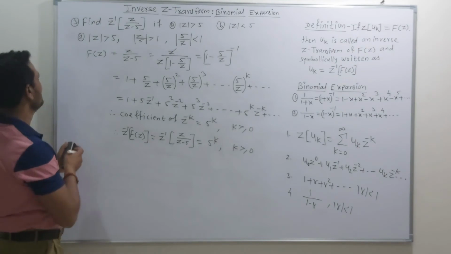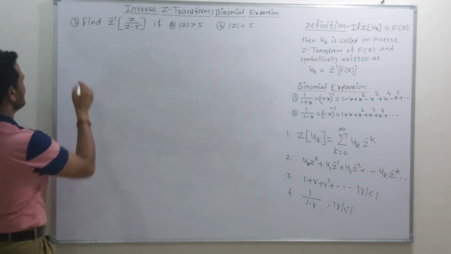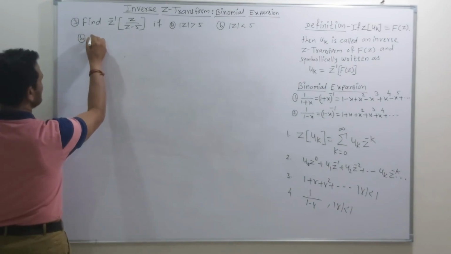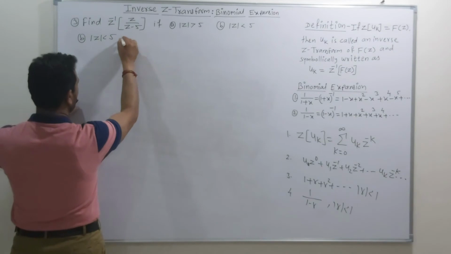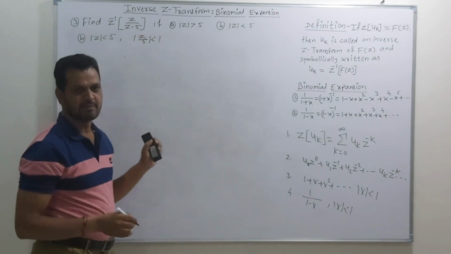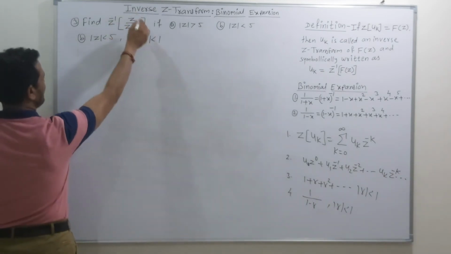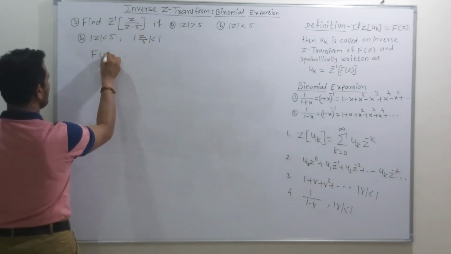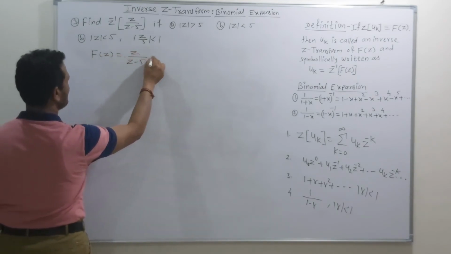Now let's solve the equation for the second condition. Friends, the second condition is condition B, mod of z less than 5. This indicates that z upon 5 is less than 1. That means the value of r is z upon 5. So we can write the given example as f of z equals z upon z minus 5.